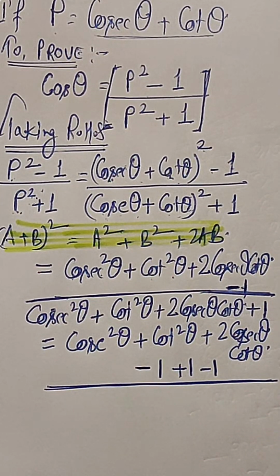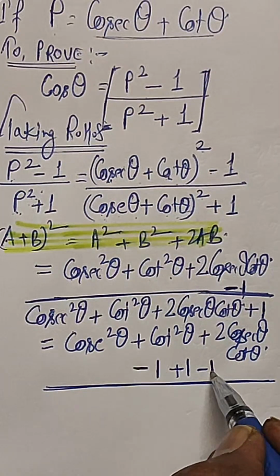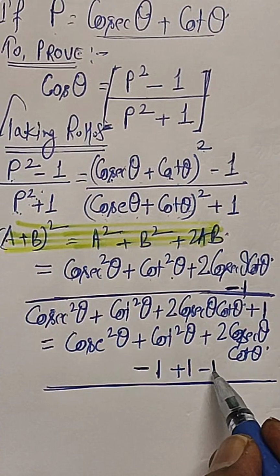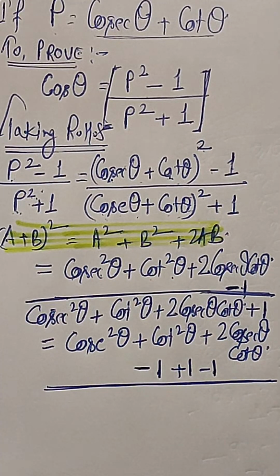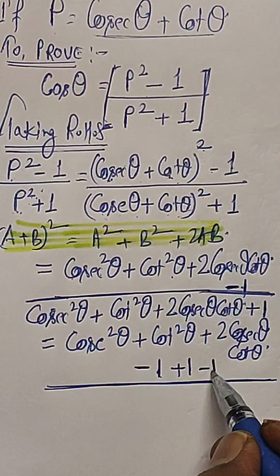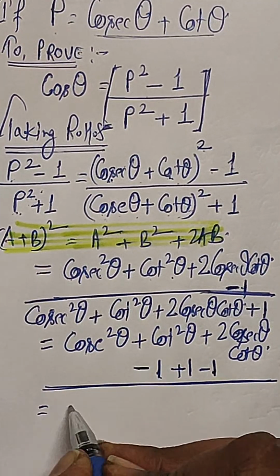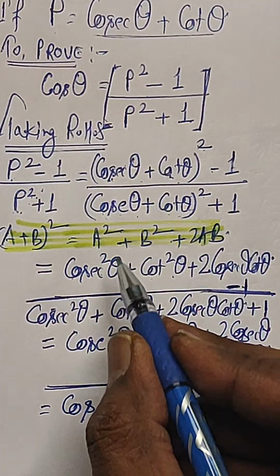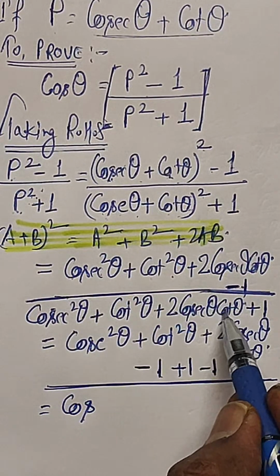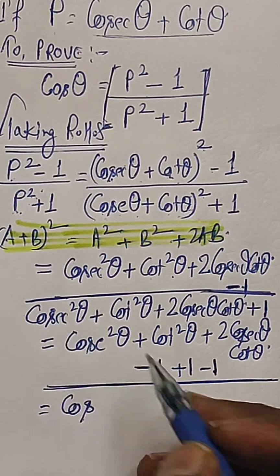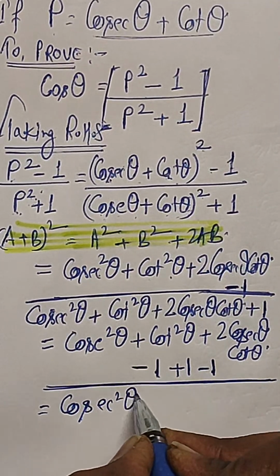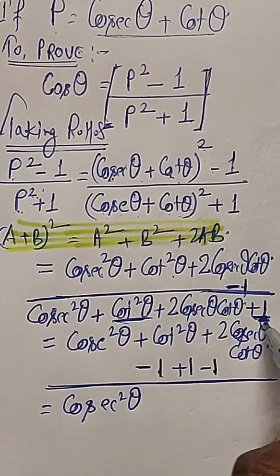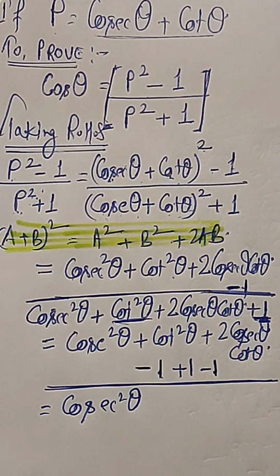So you can see minus 1 and minus 1 becomes minus 2. So we can write, and into the denominator just simply write it as it is, cosec square theta, and here cot square theta plus 1. What is the value of cot square theta plus 1?